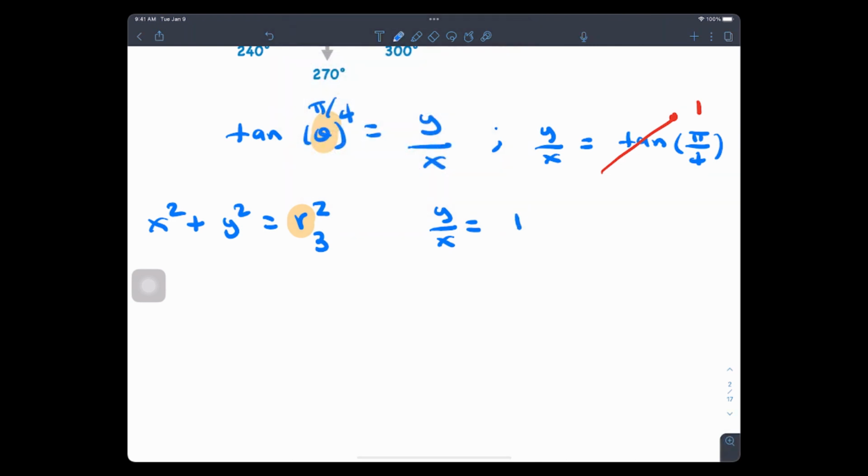So this says y over x is the value 1. You guys okay with that? If we multiply both sides by x, we get this relationship that y equals x. Easy peasy lemon squeezy.